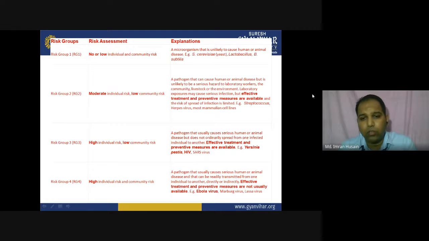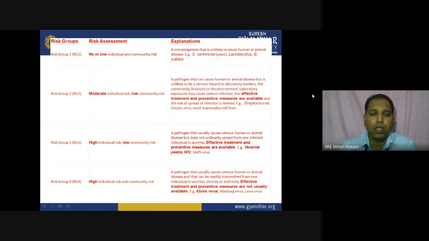A pathogen that usually causes serious human or animal disease that can be readily transmitted from one individual to another, directly or indirectly. You don't need to take an example of that. The COVID virus is the first-hand example of a risk group 4 organism or pathogen.